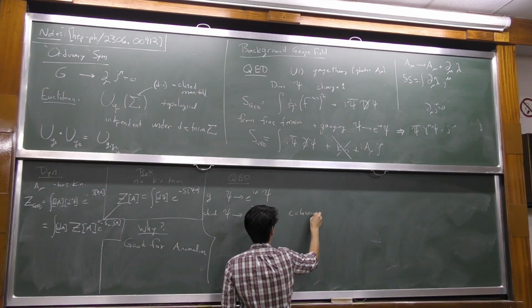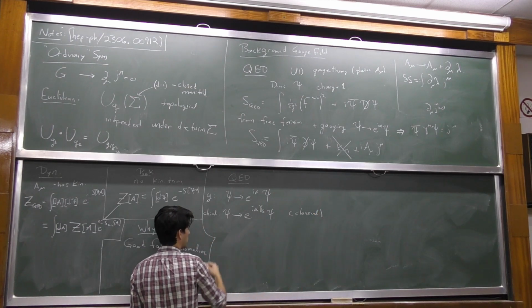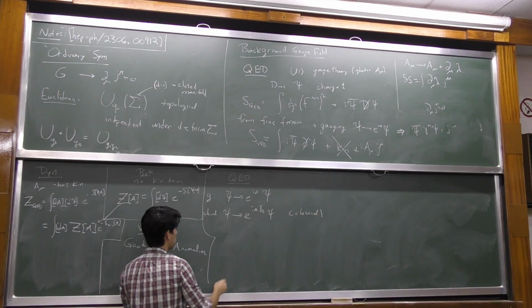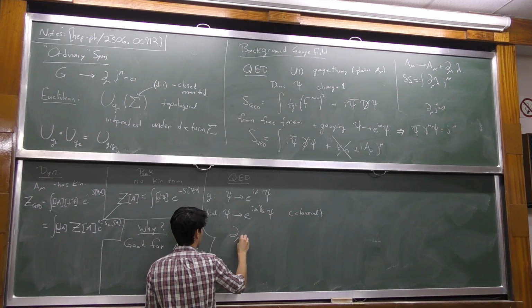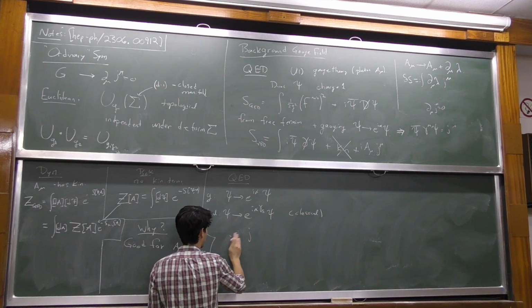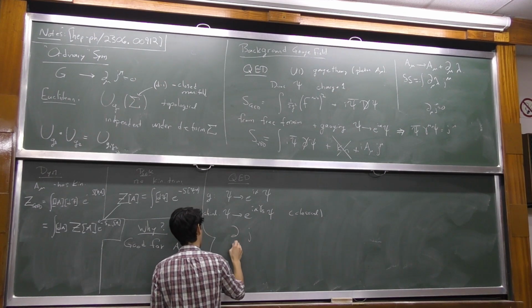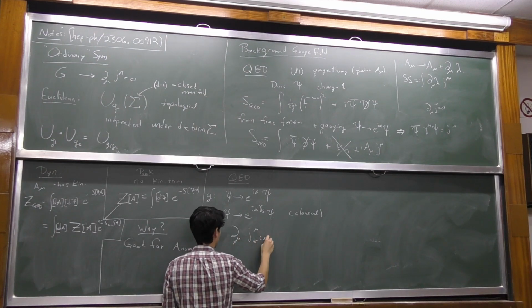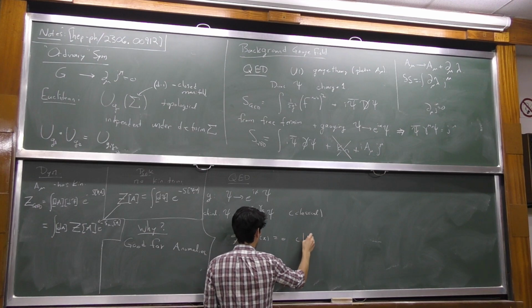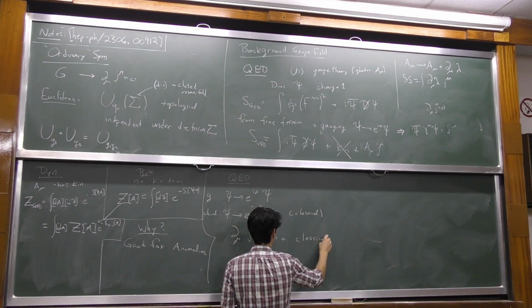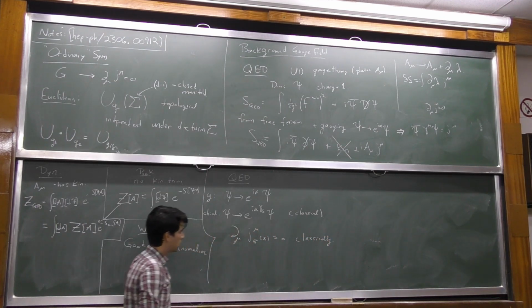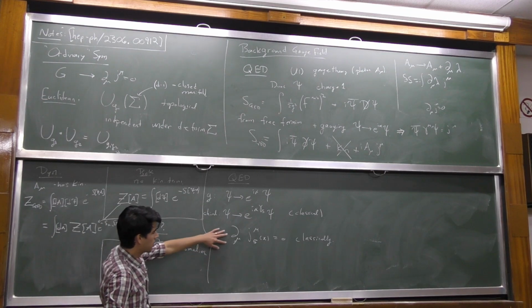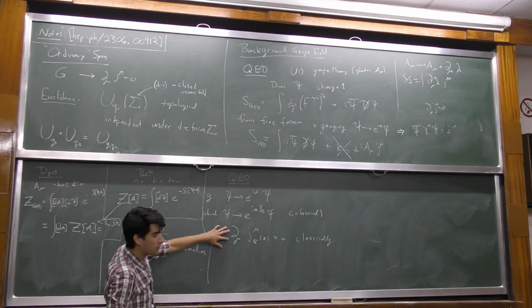So what does that mean? That means you can define an associated current, which we're going to call J gamma 5, which is classically conserved. But in the quantum field theory, the conservation equation gets corrected.